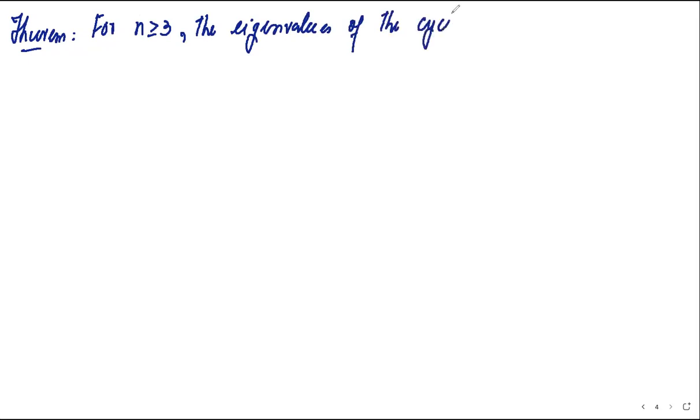So now this theorem: for n greater or equal to 2, in fact for n greater or equal to 3, because the cycle with the smallest possible length is 3, the eigenvalues of the cycle Cn are 2 cos 2 pi k by n, where k has values 1, 2, up to n.